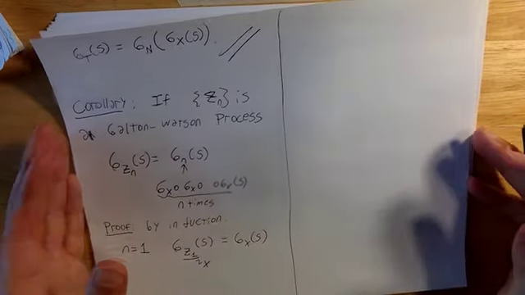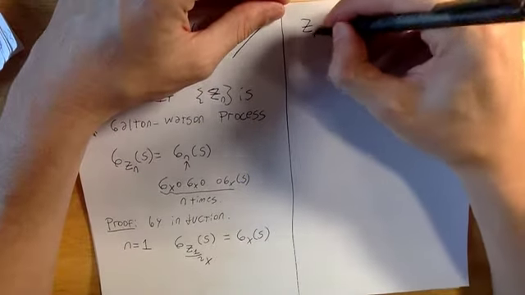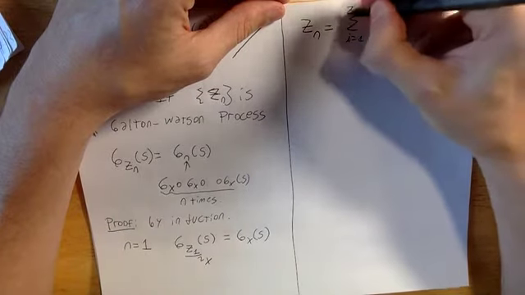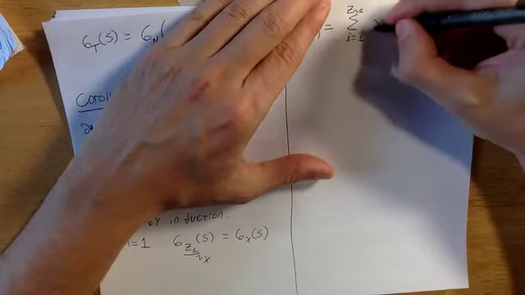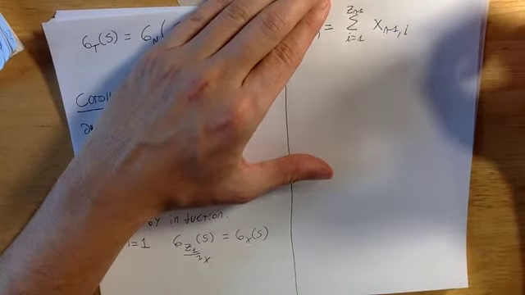Now, if we look at Zn, it is equal to the sum from i equals 1 up to Z_{n-1} of X_{n-1,i}.